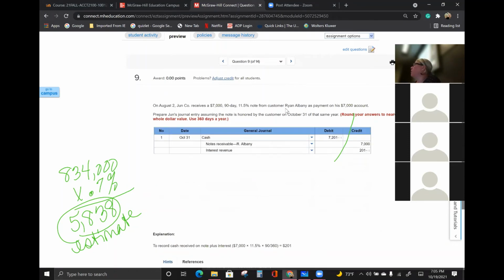Okay, so now we have a note. And we have to calculate out the cash that we're going to receive and the interest that we're going to receive. Okay, so we're charging interest.